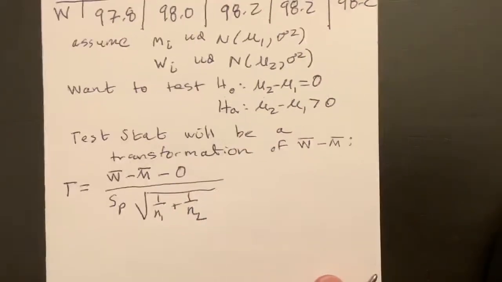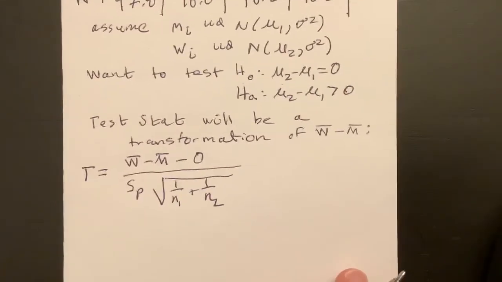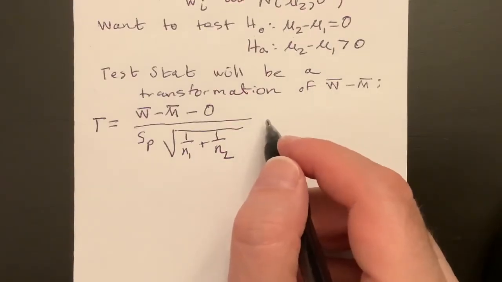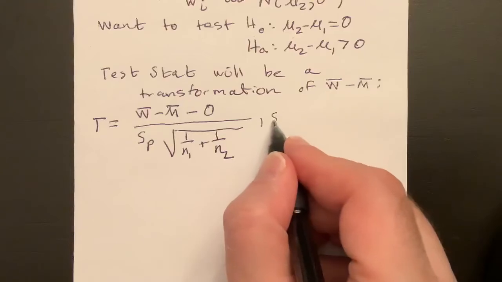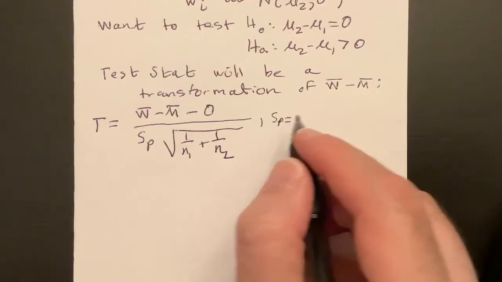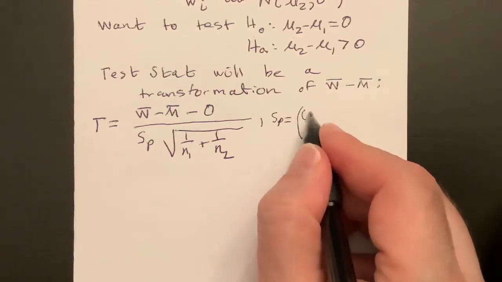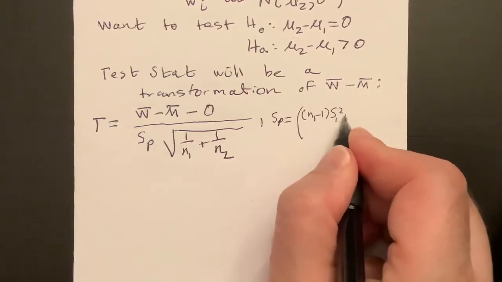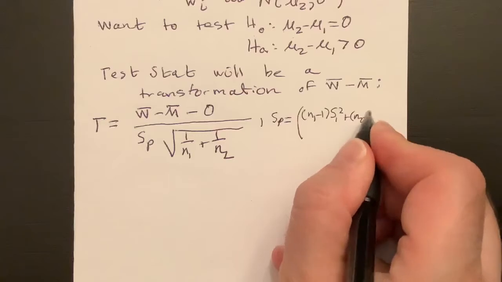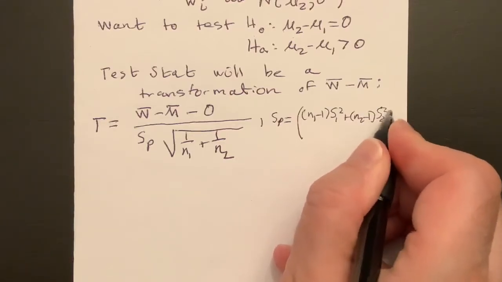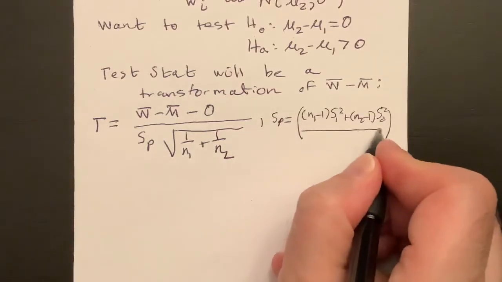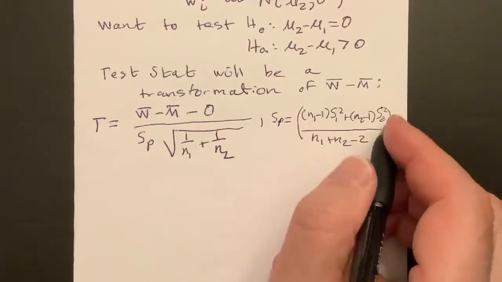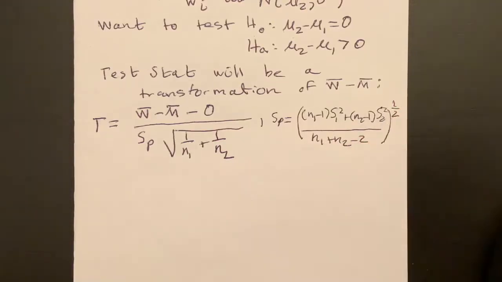And I have to tell you what SP is. It's the pooled standard deviation. I don't think I have room to write here. Maybe I do. So where SP is equal to n1 minus 1, s1 squared plus n2 minus 1, s2 squared, all over n1 plus n2 minus 2, and this is to the half power.